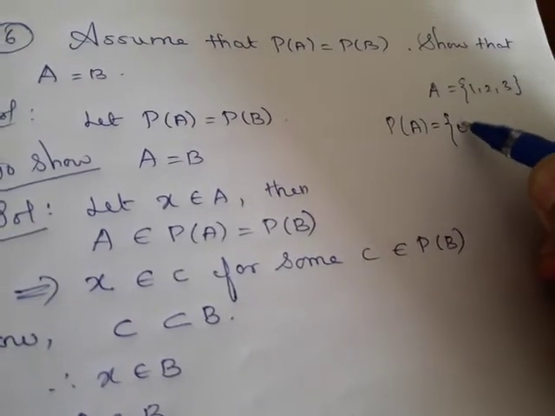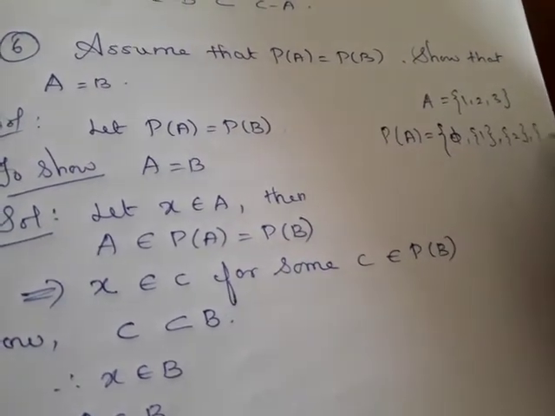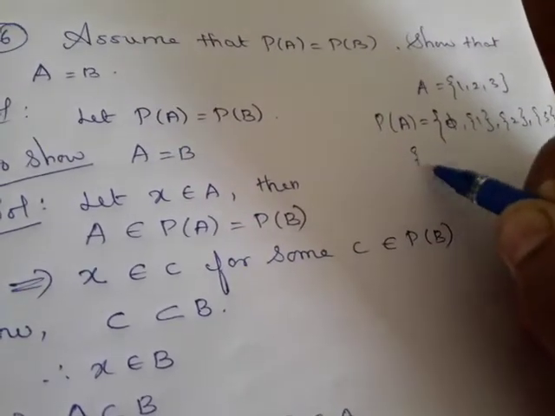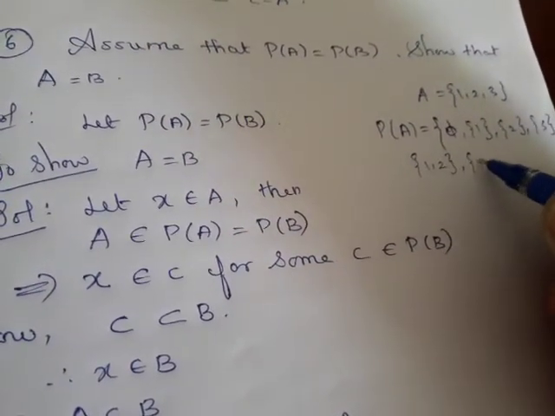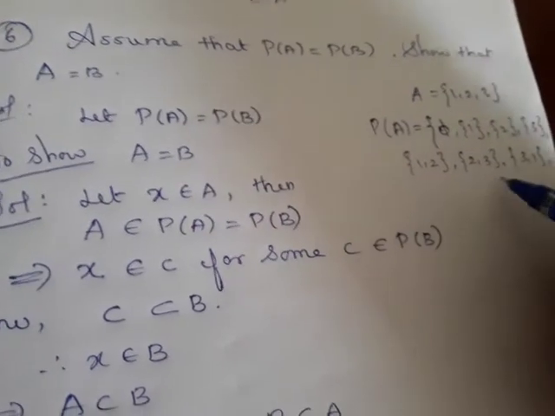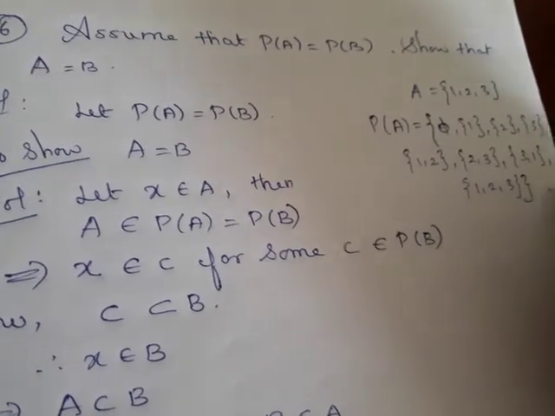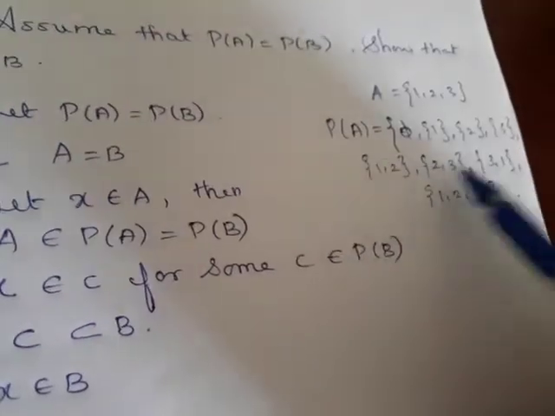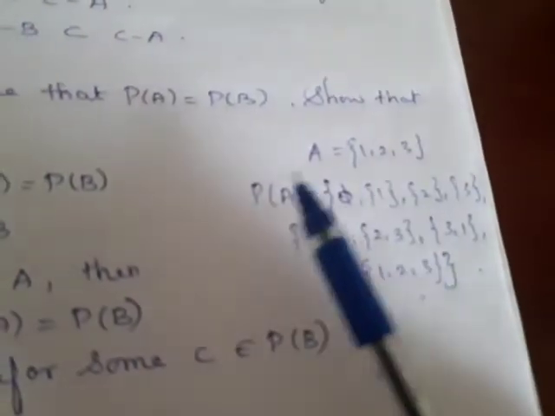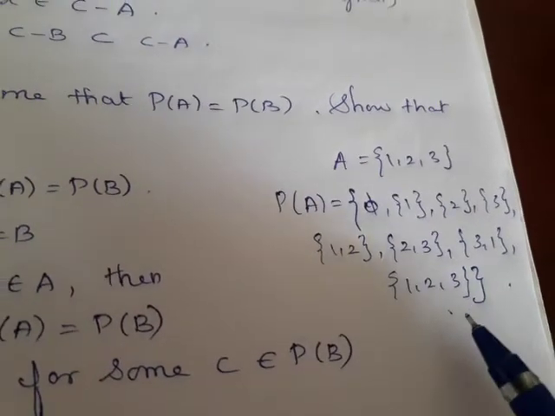We will start with the null set, then we will write singleton sets, and then we will write all the possibilities with combinations of 2. Then we will write 3 elements, thus we reach the entire set. So these are all the elements of P of A. Hope you remember, right? So what is the power set of A? It will consist of all the subsets of A.